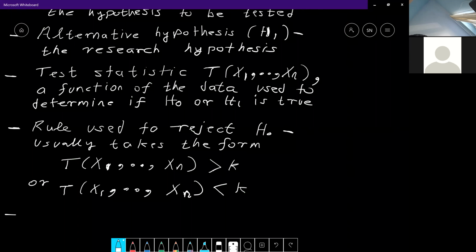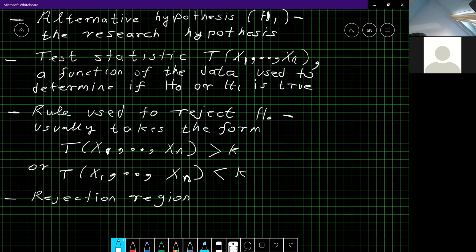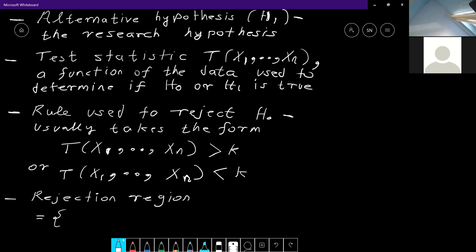Number five is the rejection region. The rejection region is defined as the set of all data belonging to the sample space S. You may remember from early on in the course that capital S is the notation I have used to denote the sample space, right?